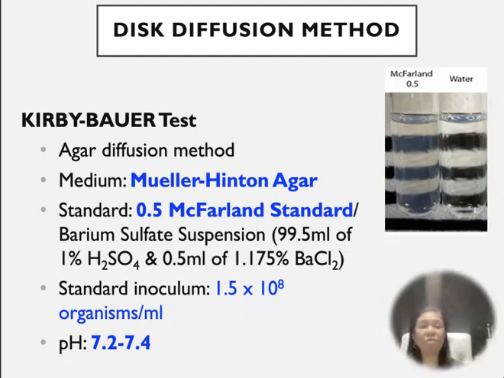Kirby-Bauer is an agar diffusion method. It usually would require the use of the Mueller-Hinton agar. And of course, we need to standardize our inoculum, because we need to be able to repeat or reproduce the process. So we need the standard for our inoculum to ensure that the amount of organism is correct. We usually use the 0.5 McFarland standard, which is also known as the barium sulfate suspension.